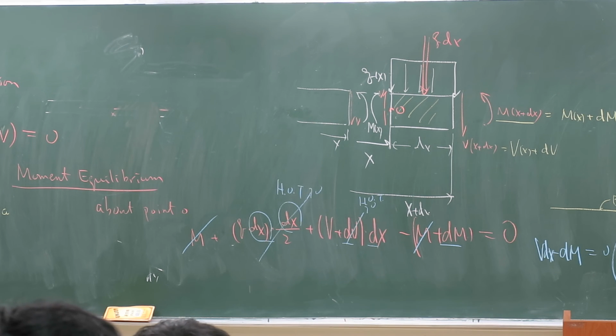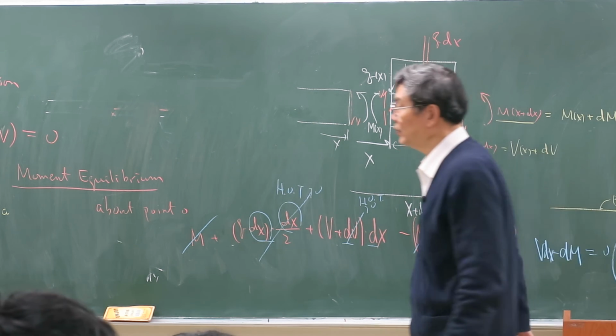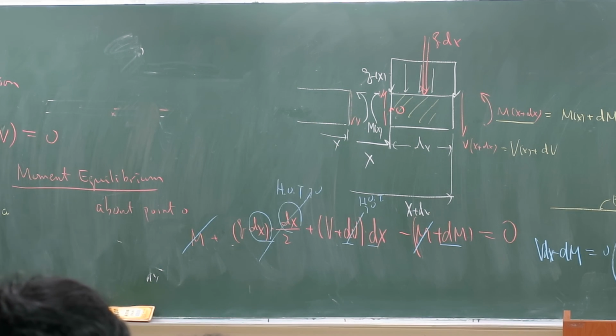So we have d squared m over dx squared equal to minus q. This is the third equation. Combine 1 and 2, we got 3. So we have 3 equations. This is force equilibrium. No matter what kind of material, linear or nonlinear, force equilibrium is good. Now let's look at the stress-strain relationship.